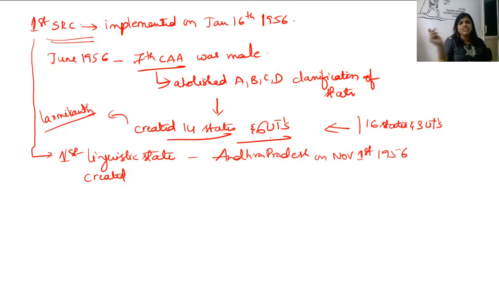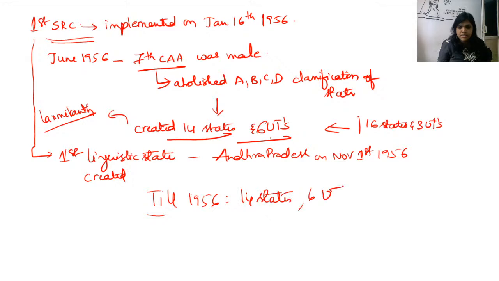Okay, so one shot, based on the first SRC committee recommendations, 14 states and 6 UTs were created. Out of these 14 states, the first linguistic state formed in India is Andhra Pradesh on November 1st, 1956. So the conclusion is that till 1956, a sum of 14 states and 6 UTs were created.